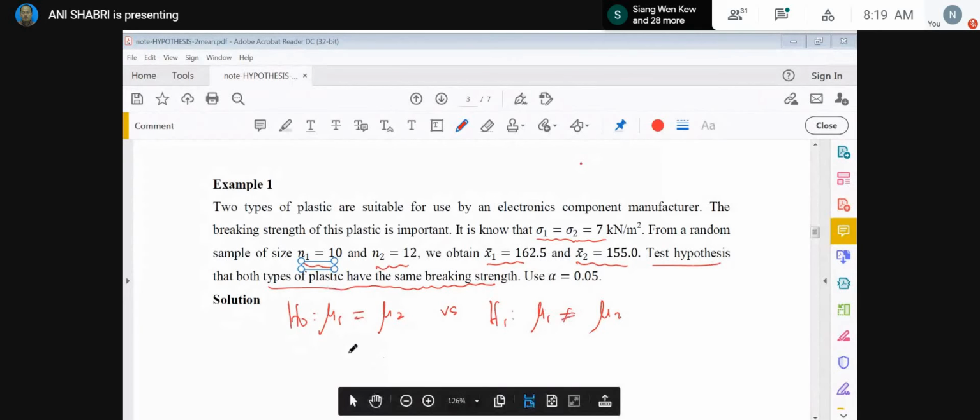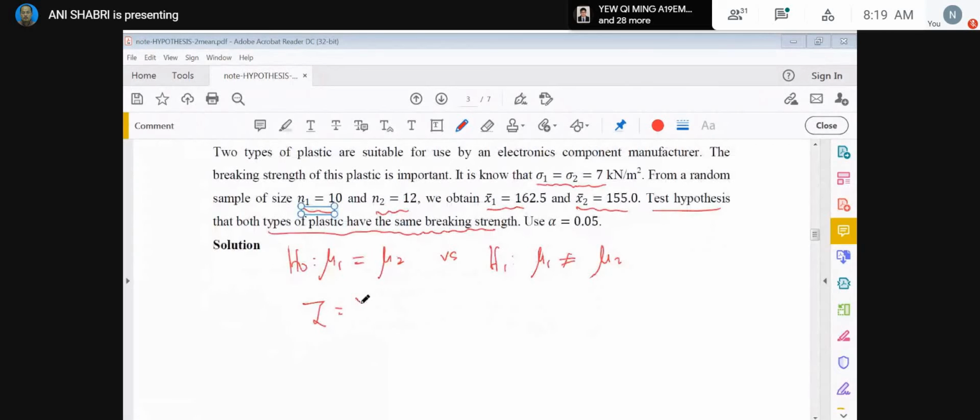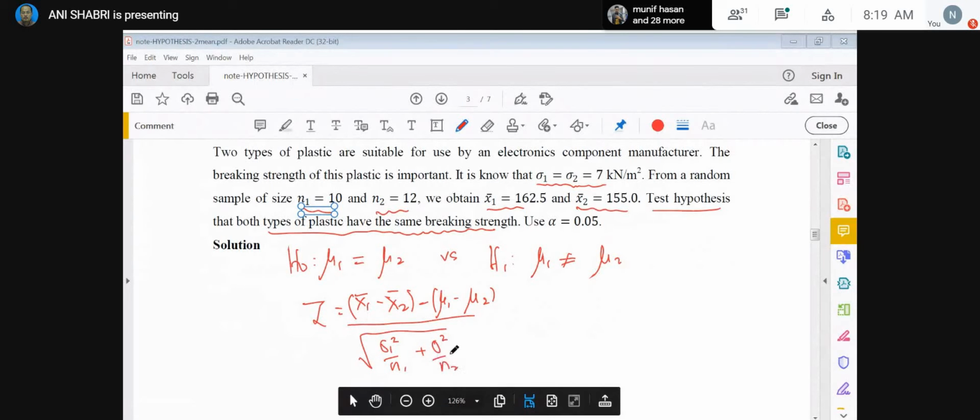After that, we write the test statistic using formula number 4. Number 4 is equal to X1 bar minus X2 bar minus mu1 minus mu2, divided by the square root of sigma 1 squared over n1 plus sigma 2 squared over n2. Okay, this is formula number 4.